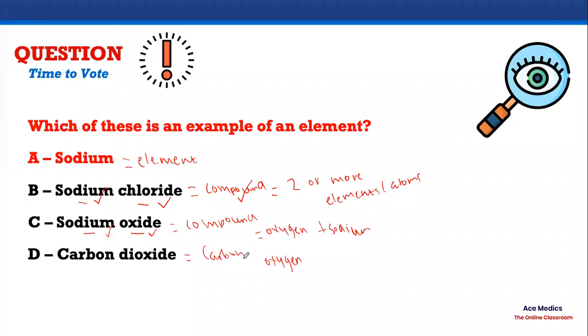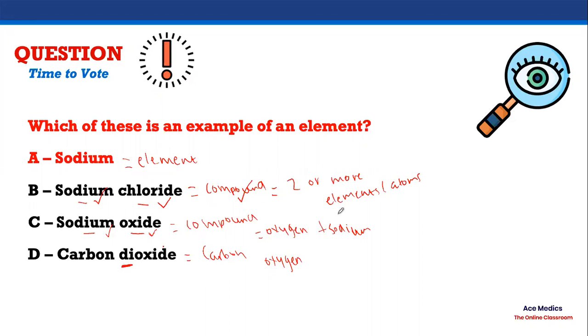Carbon dioxide is also an example of a compound because carbon dioxide has the elements carbon and oxygen. But can anybody tell me in the chat how many oxygen atoms are there in carbon dioxide? Maybe put your answers in the chat. Yeah, so there are two oxygen atoms in carbon dioxide, and we know that because it has this "di" in front of it.